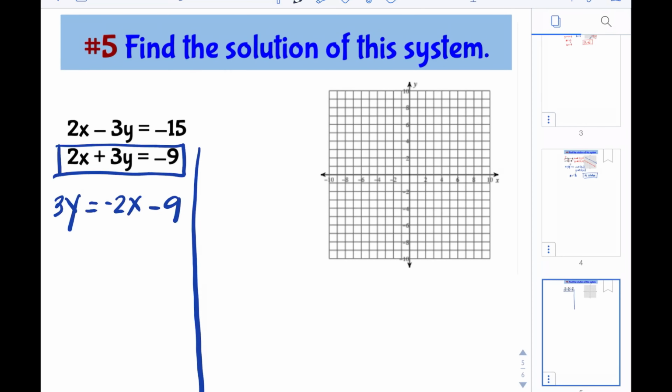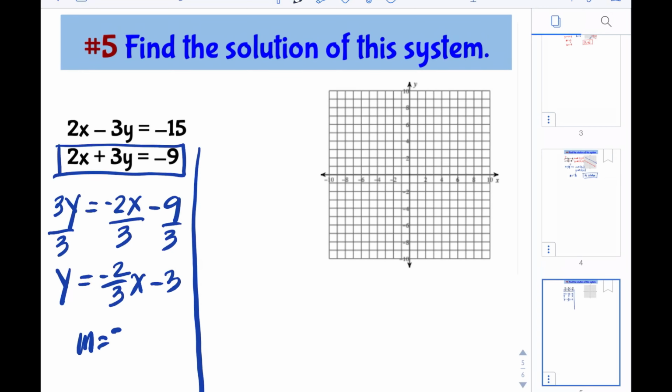So I simply transfer 2x to the right. Now I need to divide both sides by 3. So I have y is equal to negative 2/3 x minus 3. So in this equation, the slope is negative 2/3 and the y-intercept is negative 3.